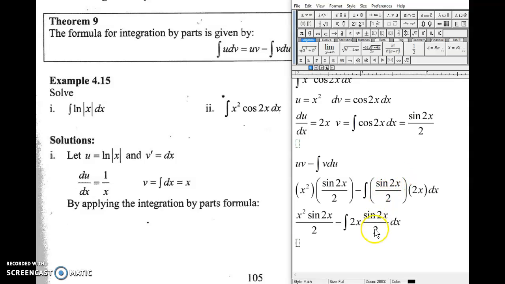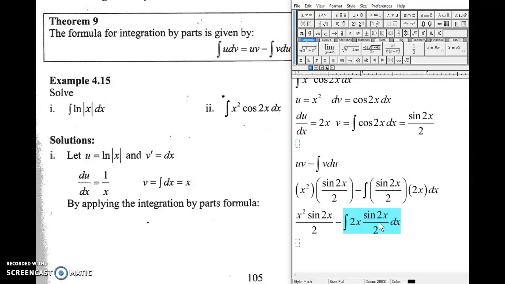After we simplify, it still ends up having two functions inside it. So we can't just use a simple integration to find the answer there. We are going to need to do an integration by parts again, just for this one. Okay, that's why I said it is nested.